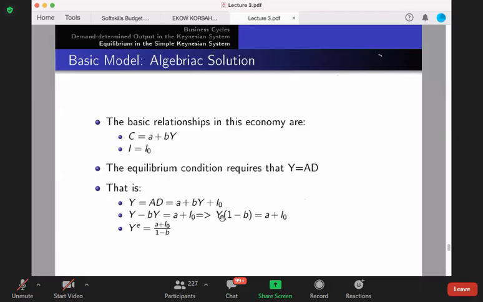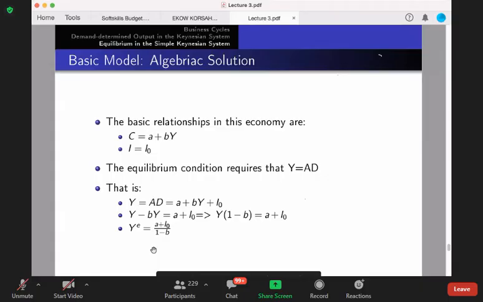Let's put Y outside the bracket. Then we have 1 minus B. So in equilibrium, all we have to do is divide both the left-hand side and the right-hand side by 1 minus B, and it leads us to this.